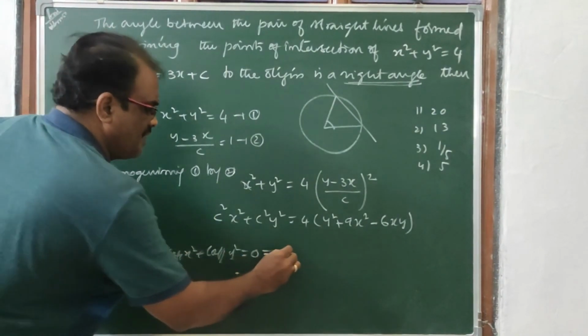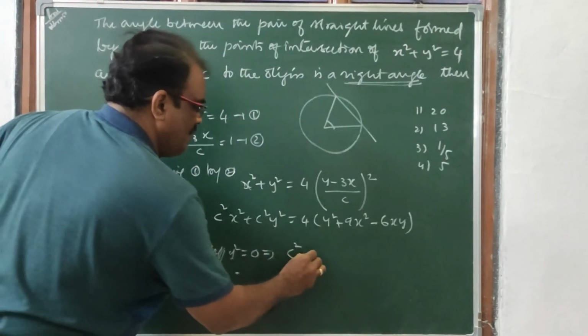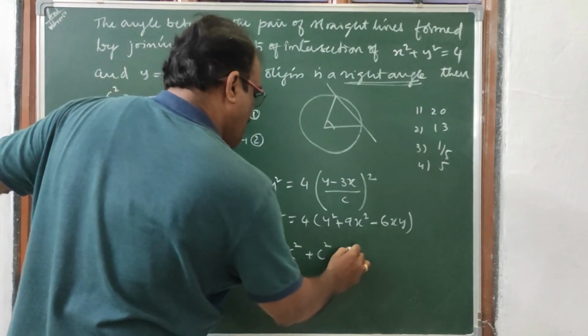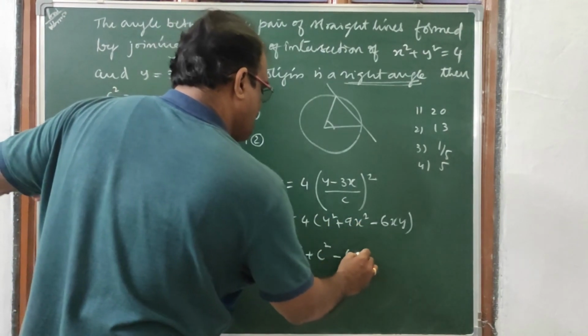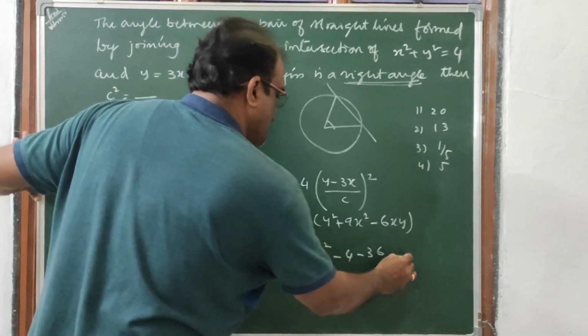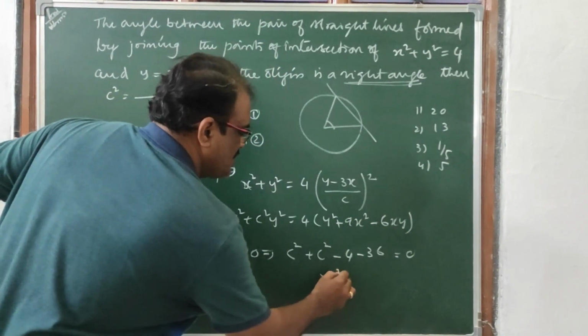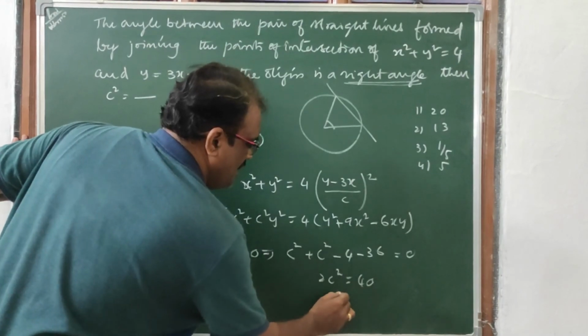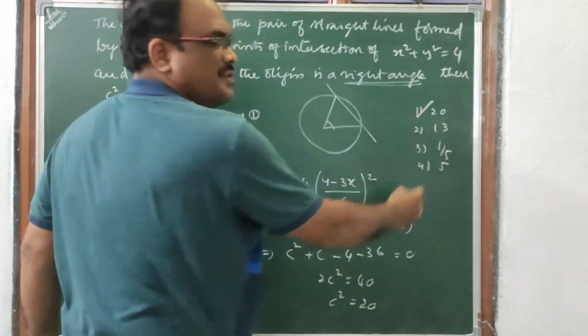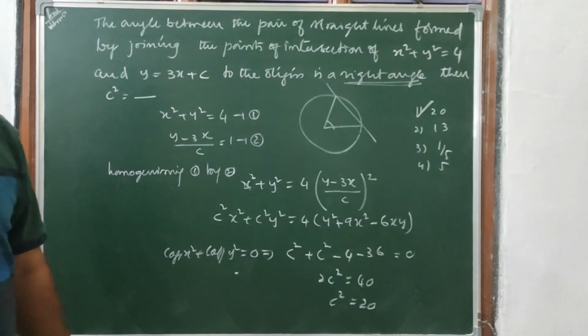The coefficient of x square is c square, and here y square is c square. If you bring it to the left hand side, minus 4 and this is minus 36 for 9. You need not take the xy term. So 2c square is equal to 40, c square is equal to 20. That is the first choice. We have to homogenize it, right?